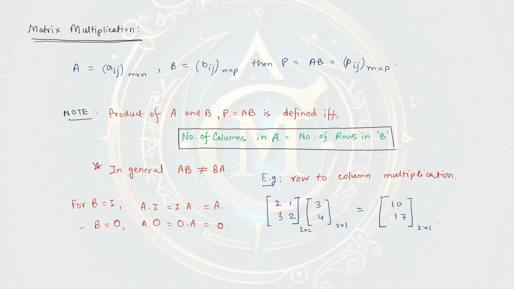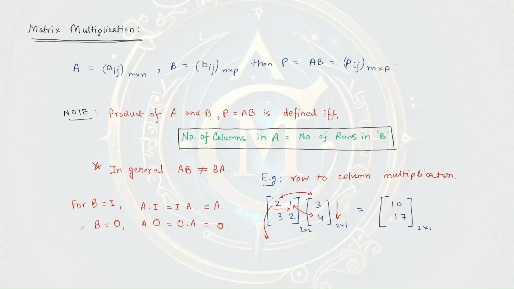You have to simply go from the left side to the right side of the first row of the first matrix, and then go in the decreasing order, that is going down the first column of the second matrix. So you multiply these two elements and then multiply these two elements.